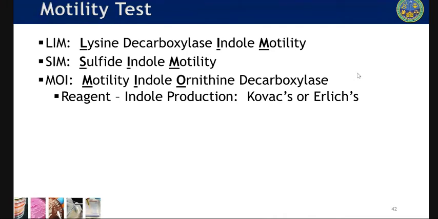Anyway, okay. So maybe that's why it was asked to be expounded because of this. Now for lysine decarboxylase indole motility, the preparation of the media here is such that if you have lysine decarboxylation, it happens in the butt area. There would be no change in color.